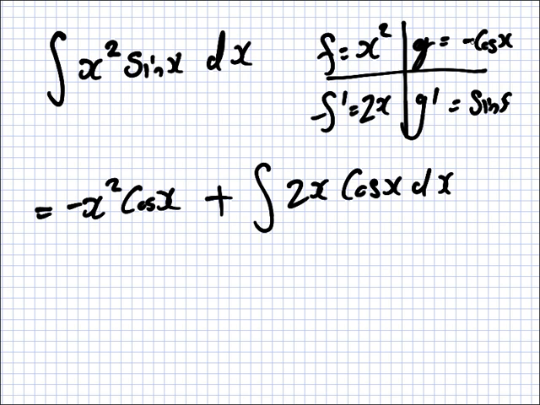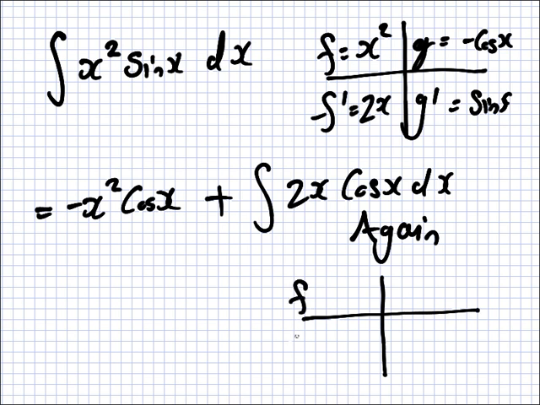Now, the problem, although simpler, is still not solvable. I've gone from having a problem with x squared sin x to now having a problem with 2x cos x. Have to do it again. So you realise what this formula is doing, it's like it's chipping away at it, making it simpler each time. So if we were to use the formula again on this piece, so another table, f derivative, g derivative.